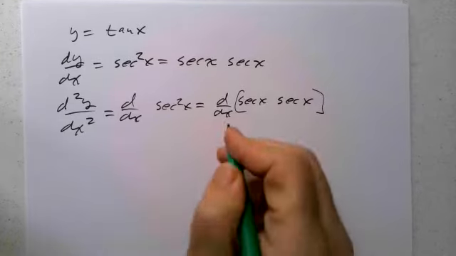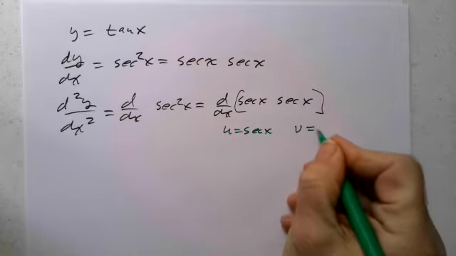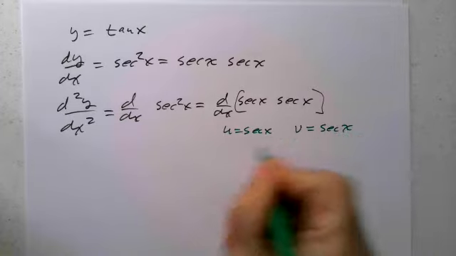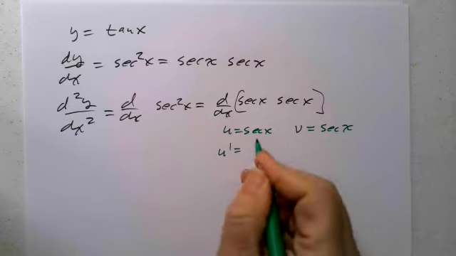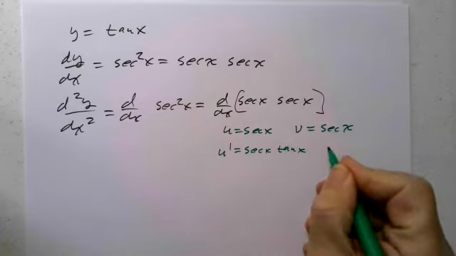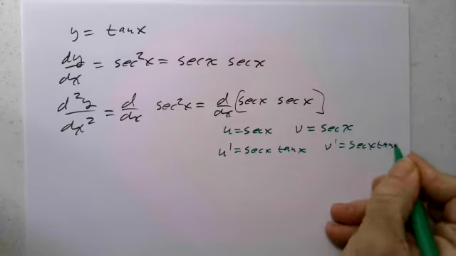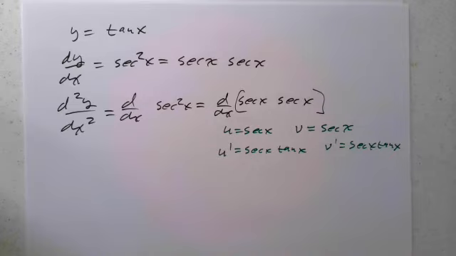So u equals sec x, v equals sec x, u prime, the derivative of secant, is sec x tan x, similarly v prime is sec x tan x.